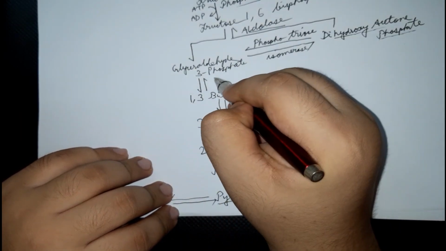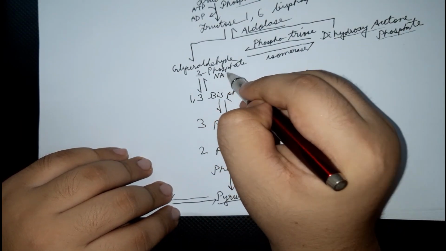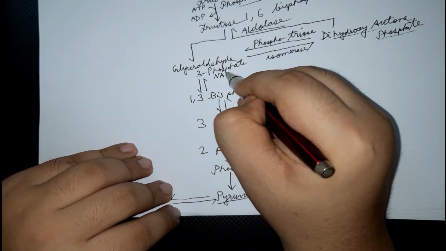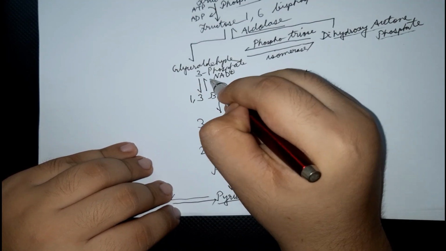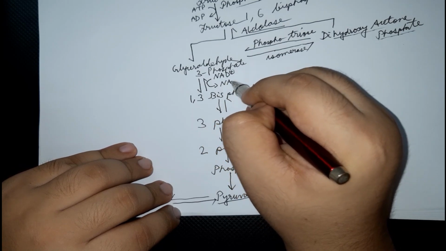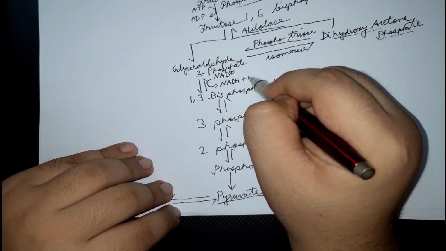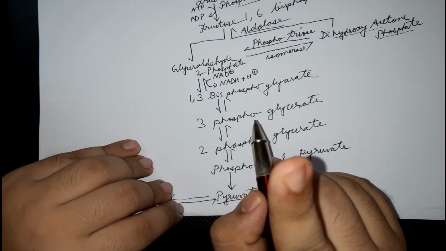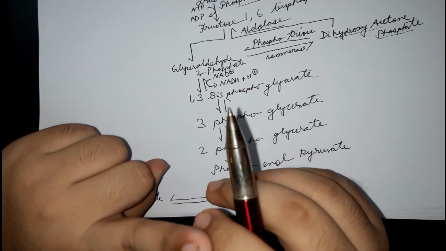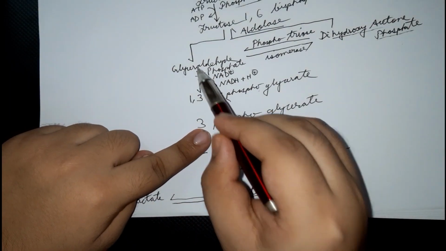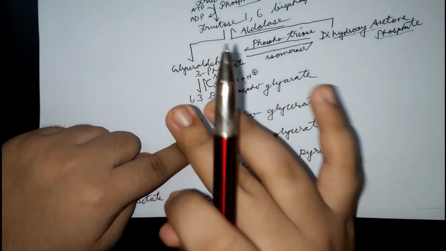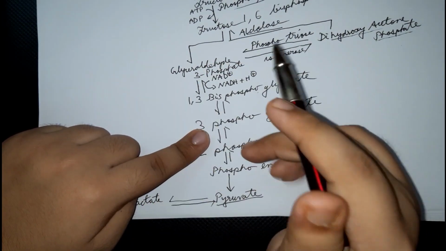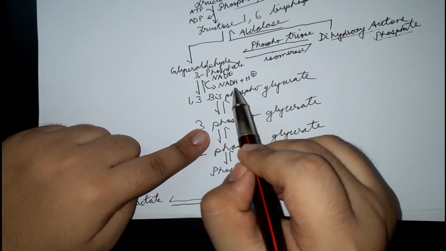The other thing is that there is a dehydrogenation also going on. NAD plus to NADH plus H plus. Very, very important. This is the first reason why this step is so important. There are other reasons also, I'm coming to them.